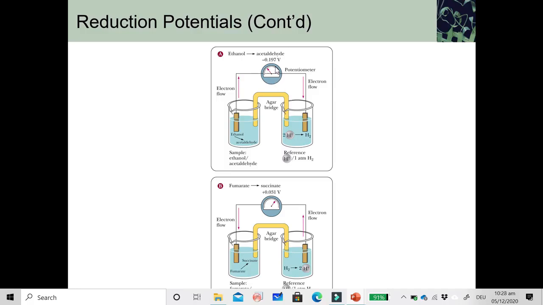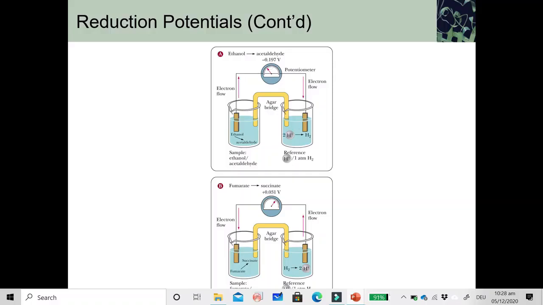It's negative, right? It's negative 0.197 volts. Now, what does this mean? This means that the reduction potential of acetaldehyde to ethanol is lower than the reduction potential of hydrogen ion to hydrogen gas, which is given a value of 0.